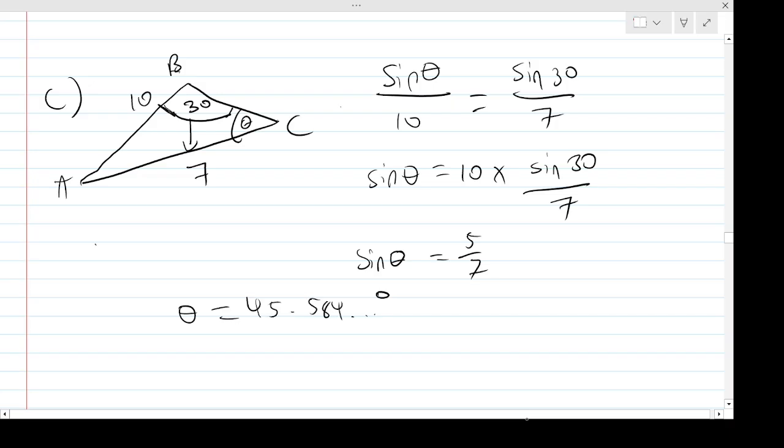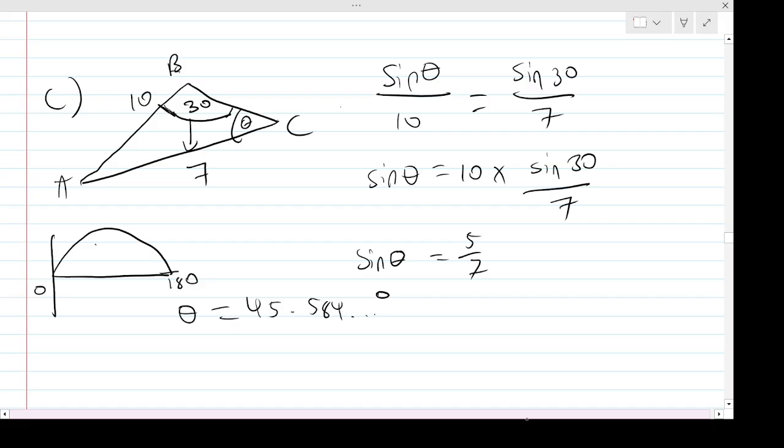But always with this, I want to consider the other value. So again, the ambiguous case of this sort of sine rule. If it helps, I can draw the sine graph to visualise what I need to do. So between 0 and 180.